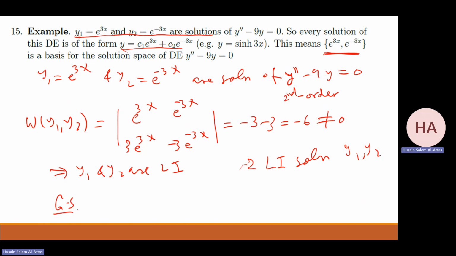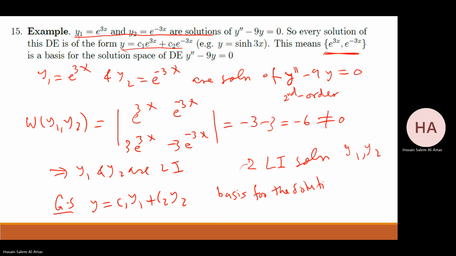The general solution y will be c1y1 plus c2y2. Not only that, the basis for the solution space of this differential equation is y1, y2. These are the bases.